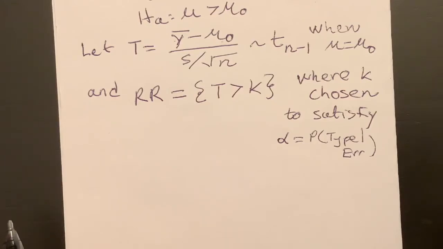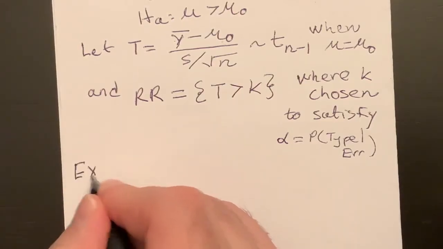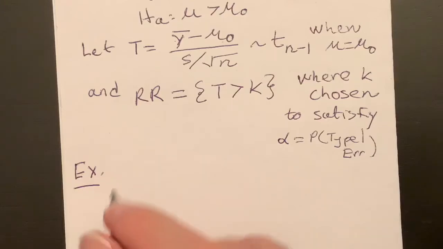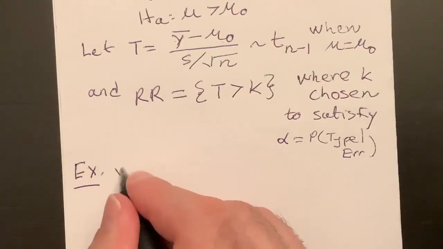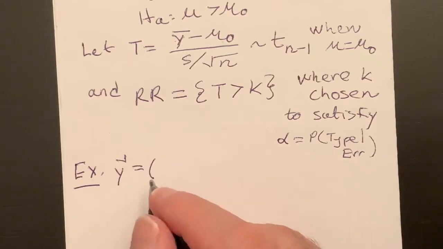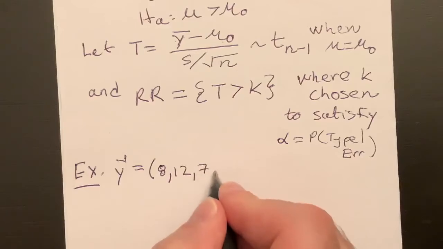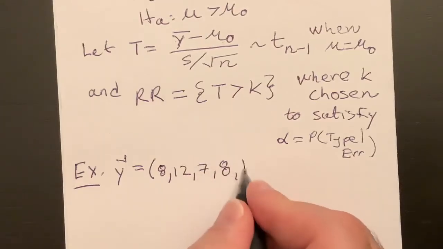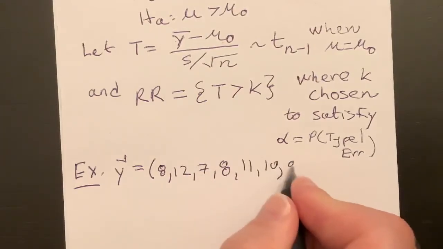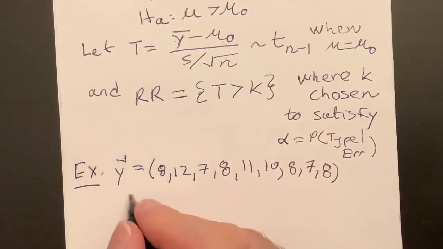Continuing, let's do an example. Suppose we have a vector of outcomes y, which is 8, 7, 8, 11, 10, 8, 7, 8. So n is 9.